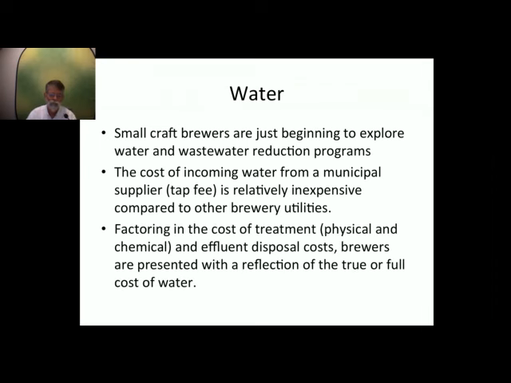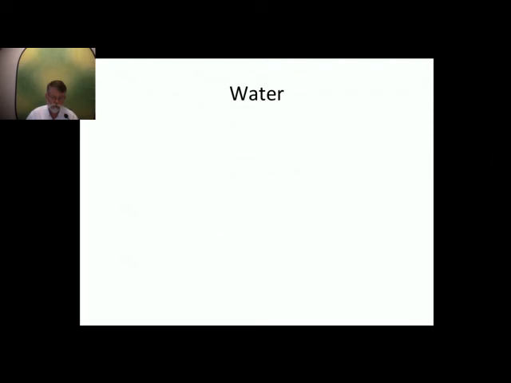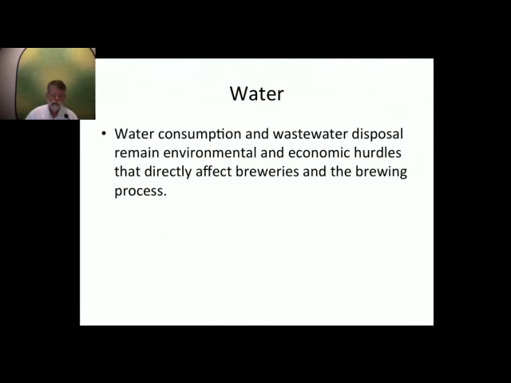But if you factor in the cost of physical and chemical treatment of the water and the effluent disposal costs, meaning you're going to be treating the water before you can put it back into the city water supply, then brewers are presented with the true and full cost of water. So water consumption and wastewater disposal remain environmental and economic hurdles that directly affect breweries and the brewing process.